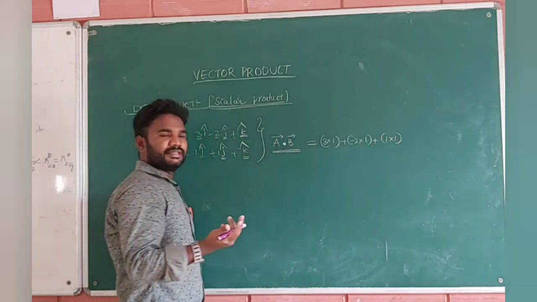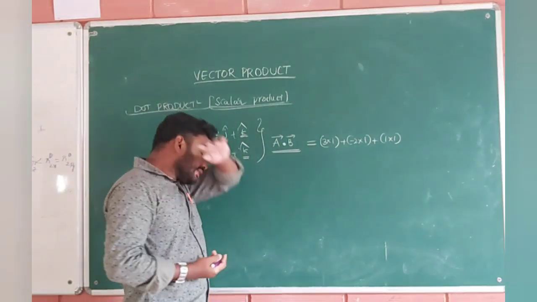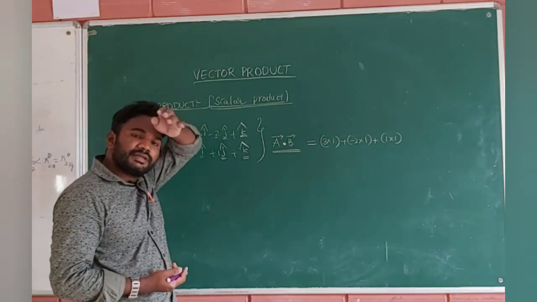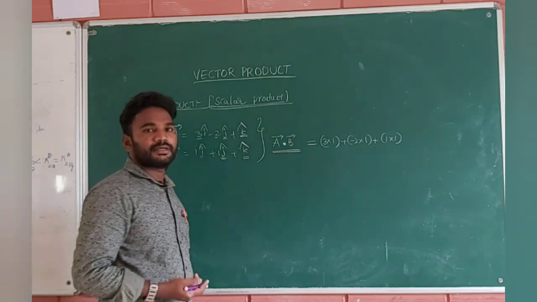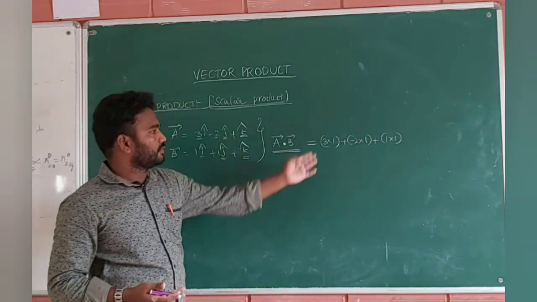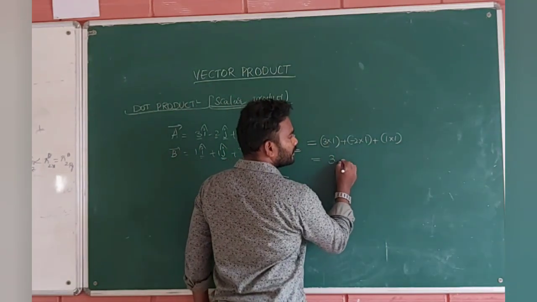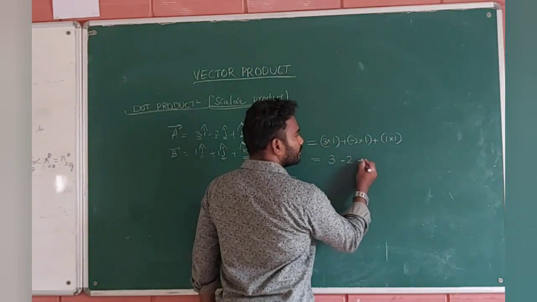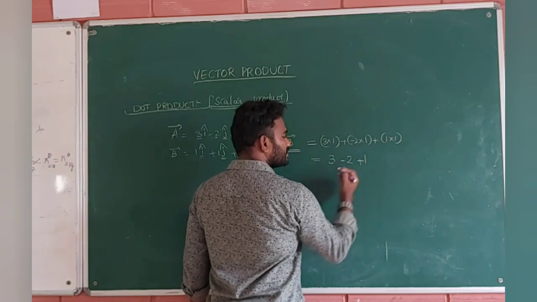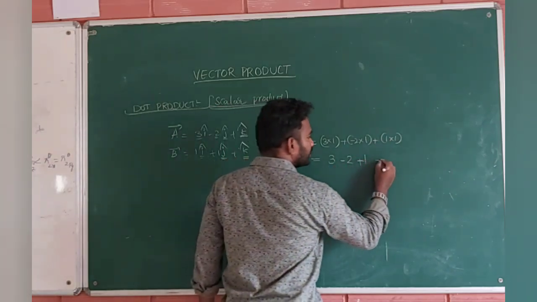That's all. This is the answer for dot product, guys. This is what we call the direct method. Directly we can multiply the coefficients. How can you find the answer? 3 into 1 is 3, minus 2 into 1 is minus 2, plus 1. So what is the final answer? Answer is 2.